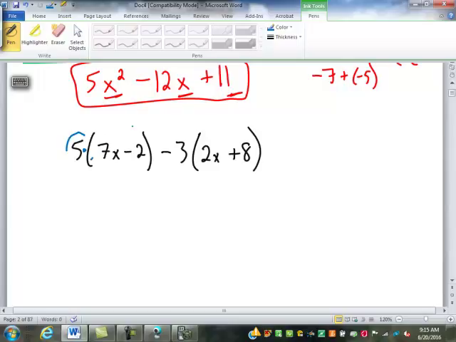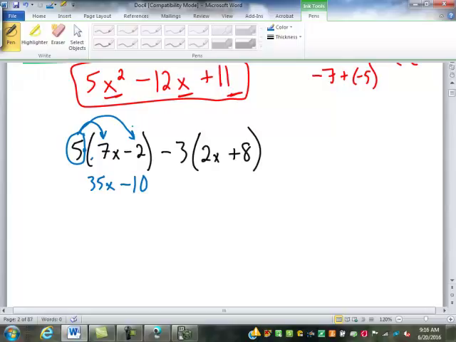Perfect. We multiply the 5 by 7x. 5 times 7x is 35x. And then it is 5 times negative 2, which is negative 10. So now we've completed everything for that set of parentheses.